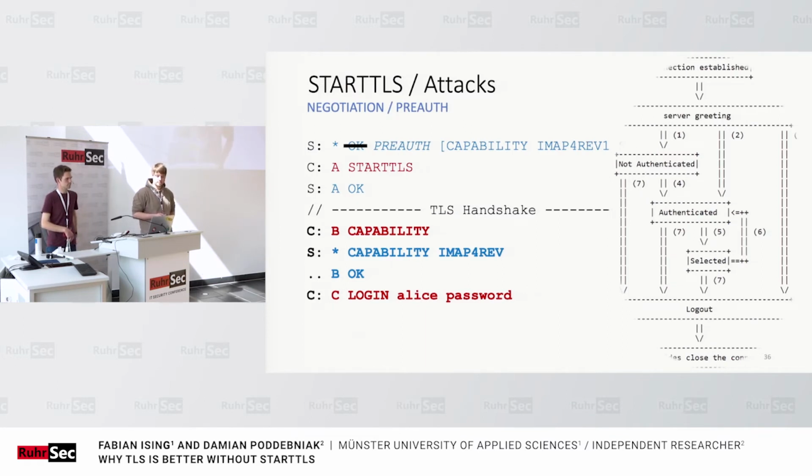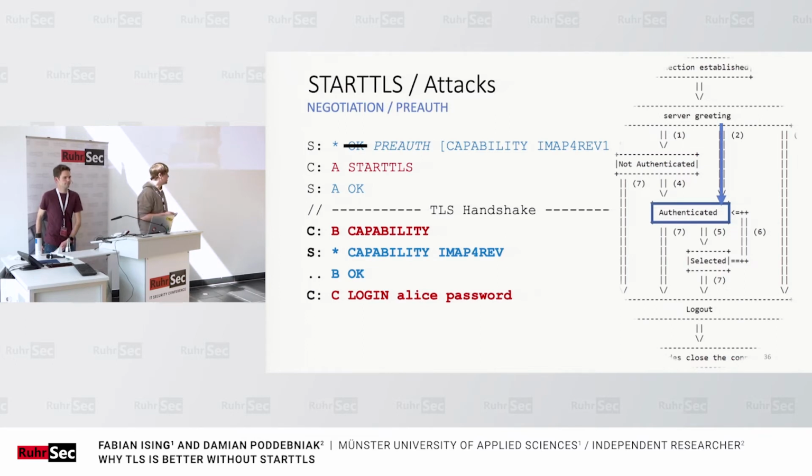For example, the OK greeting will transition the client into the not authenticated state. However, when you use the pre-auth greeting, the client is expected to directly transition into the authenticated state. This can make sense, for example, if you're using IMAP via an already authenticated connection, for example SSH.